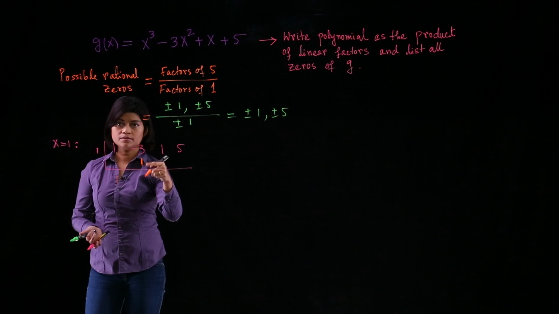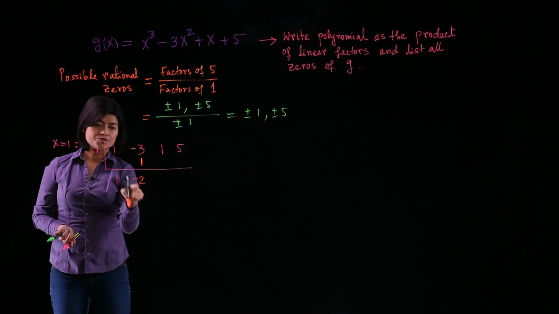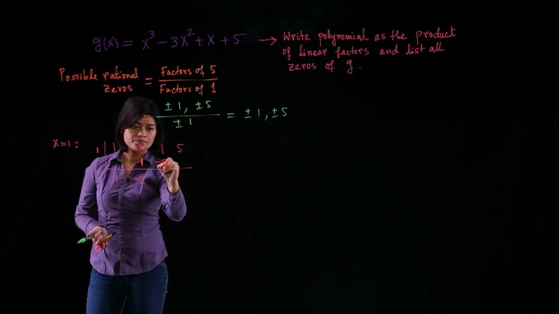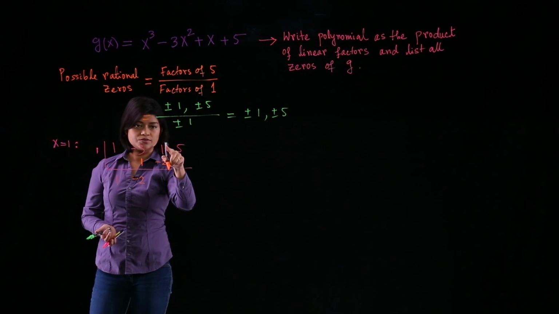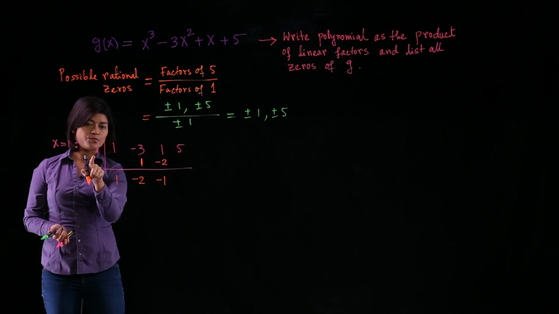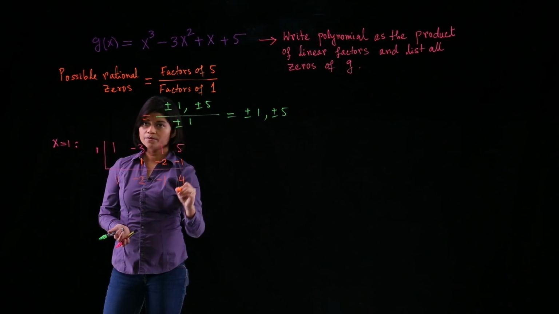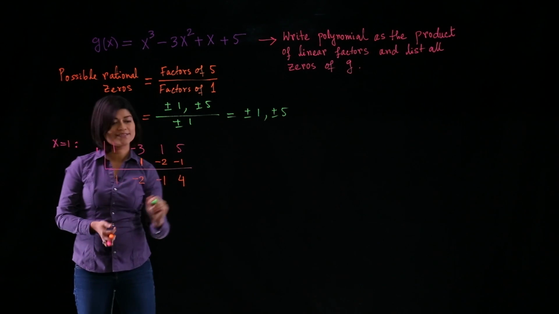You add 1 minus 3, negative 2. Multiply negative 2 with 1, you get negative 2. Add with 1 again, so negative 2 plus 1 is negative 1. Again, you multiply negative 1 with 1, you get negative 1. Plus 5 is 4.